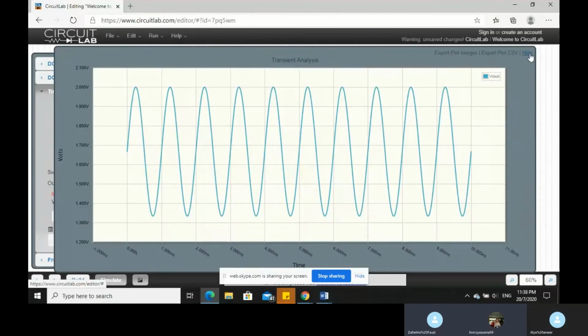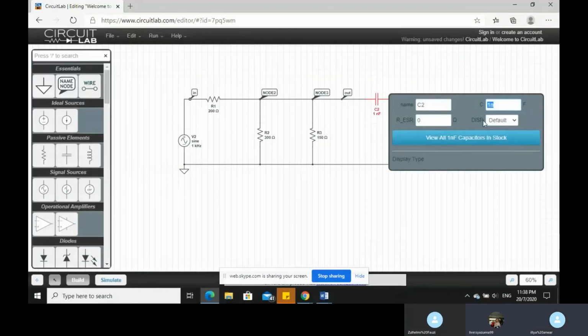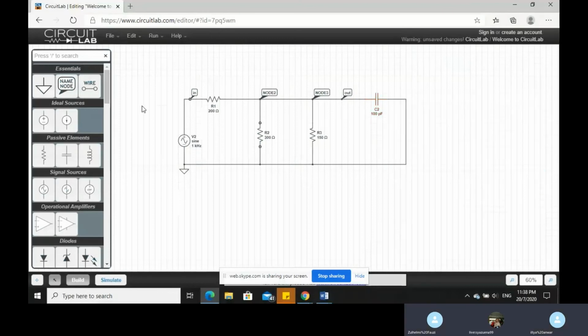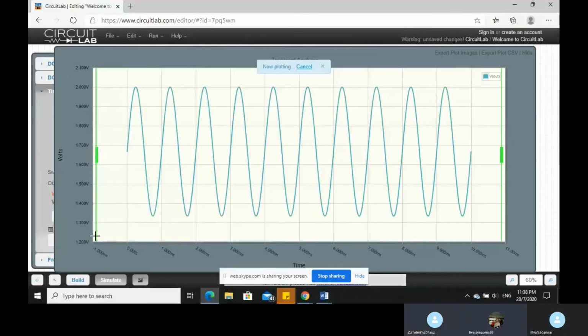Okay, the last one is 0.1 nano F. This is the last, yes. Need output.